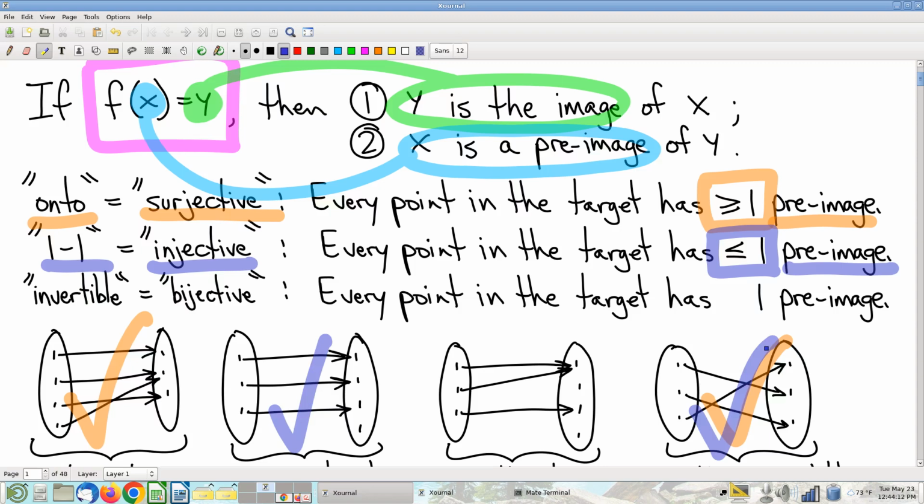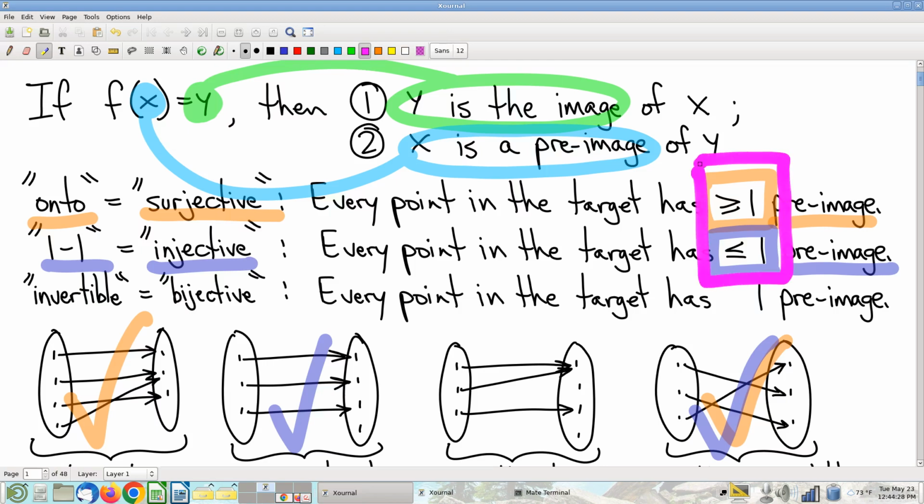Okay, so why do we care about these terms? Well, they come up in various different places, but what we're going to mostly do with them is talk about what it means when a function is both. Namely, every point in the target has at least 1 and at most 1, namely exactly 1 pre-image.